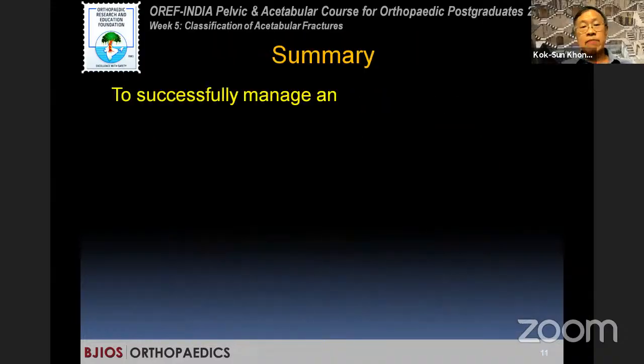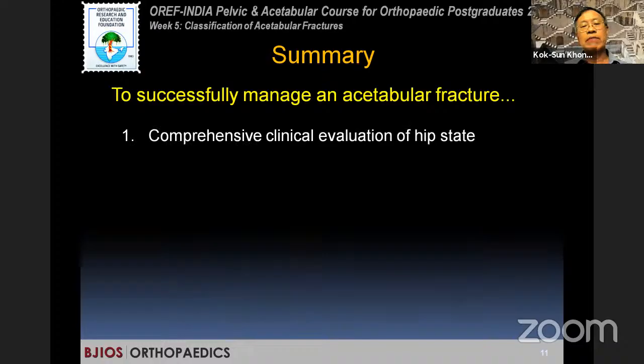So in summary, to successfully manage and treat your patients with acetabular fractures, you need to have a comprehensive evaluation of the hip. So don't forget that there are sub-classifications and supplementary sub-classifications such as avascular necrosis, the presence of osteoarthritis. So it goes into very complex sub-classifications or subtypes.